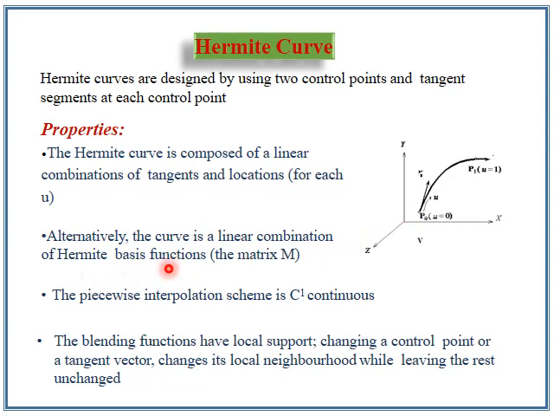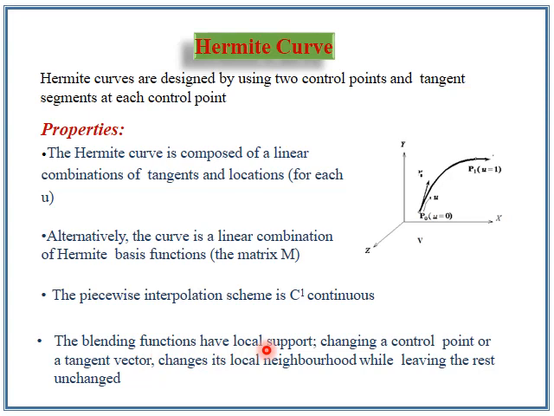Alternatively, the curve is a linear combination of the Hermite basis function matrix M. Matrix M is nothing but the Hermite matrix, which will be discussed in the further slides. Since it is a piecewise interpolation scheme, it follows C1 order of continuity. So what is meant by C1, C0, C2? These are all explained in the previous video.